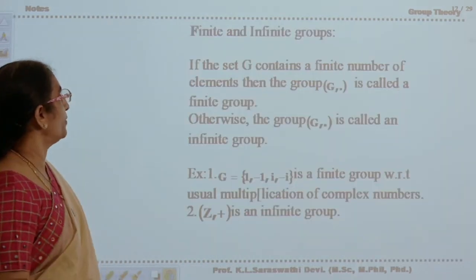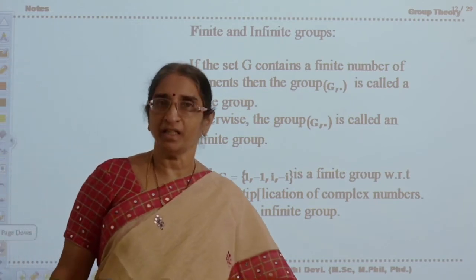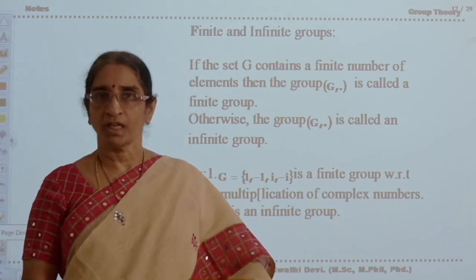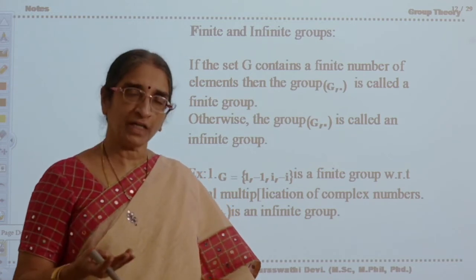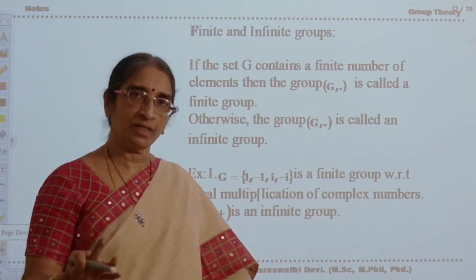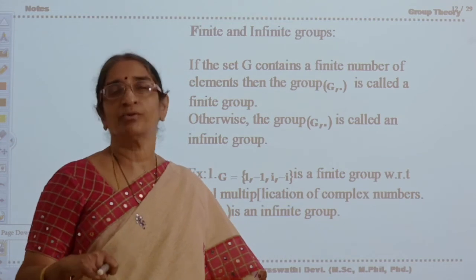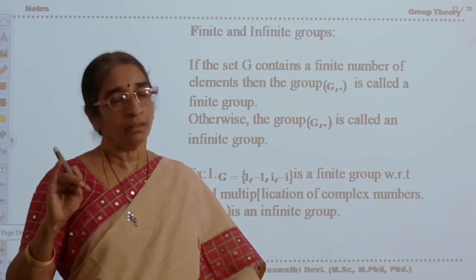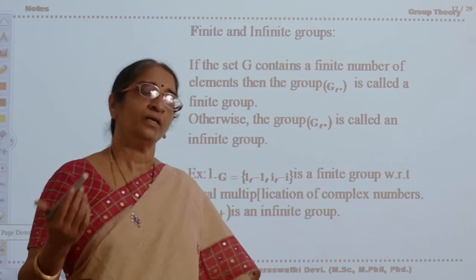Okay, now you have learned the definition of a group. When will you say that a non-empty set equipped with a binary operation is a group? If it satisfies the closure property, the associative property, there exists an identity element, and every element of the group possesses an inverse element, then you say that the set is a group.